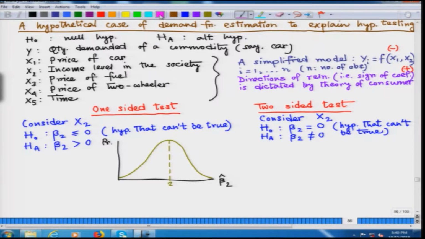Now I say that my statistical theory suggests that there is some critical value of beta hat which I need to figure out.